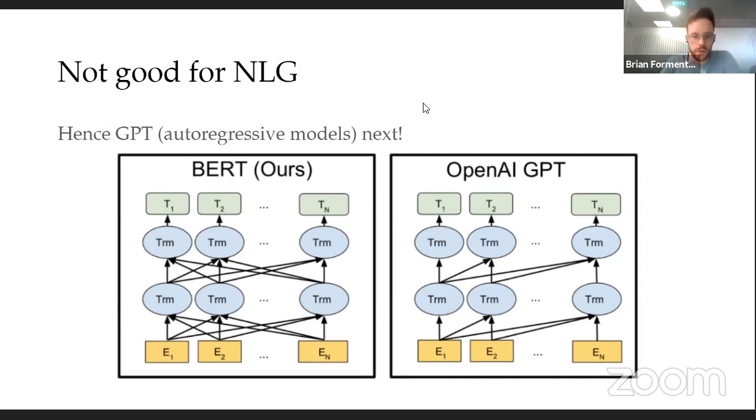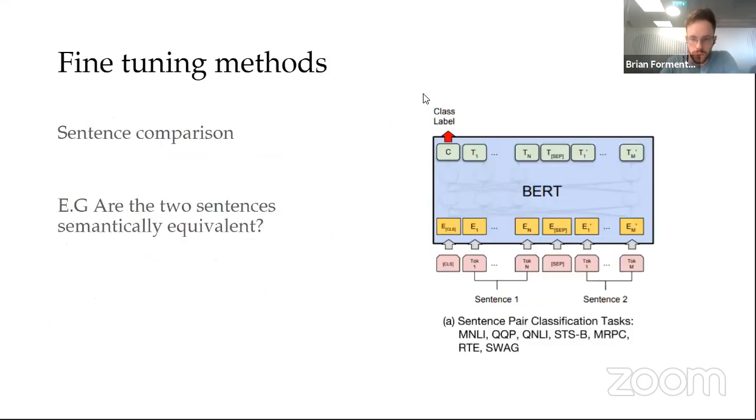It really depends. It's a model that will learn the task for you when you're fine-tuning, right? Yeah. It really depends how you're structuring the task.